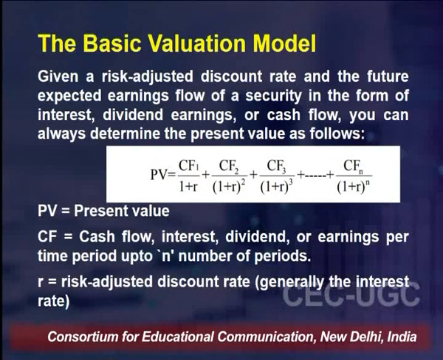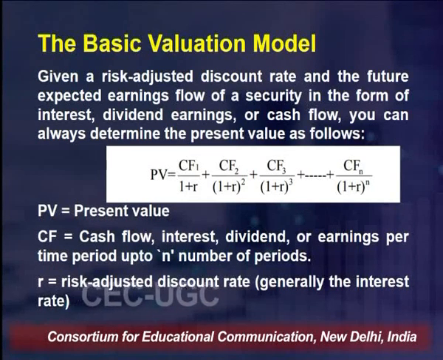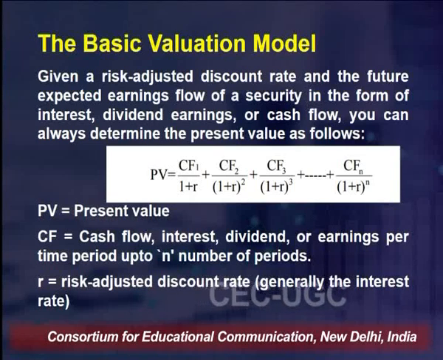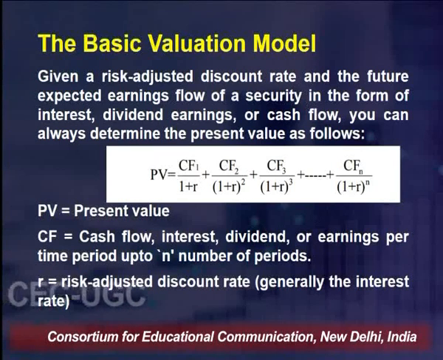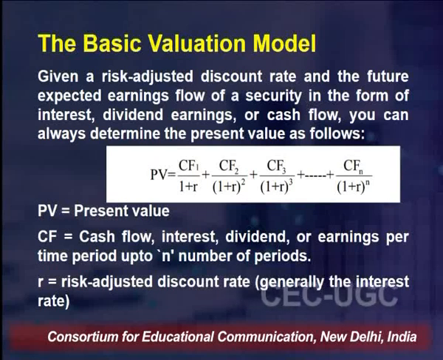As per the basic valuation model, we need to discount it. So something which you are going to receive after year 1, we need to discount for 1 year. And the discounting will be done with the help of your risk adjusted discount rate, which is generally known as the interest rate. So we can calculate the present value of our entire share by discounting cash flow 1 with 1 plus R, your required rate of return.